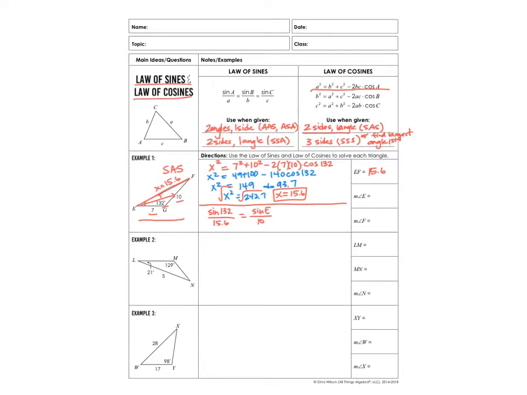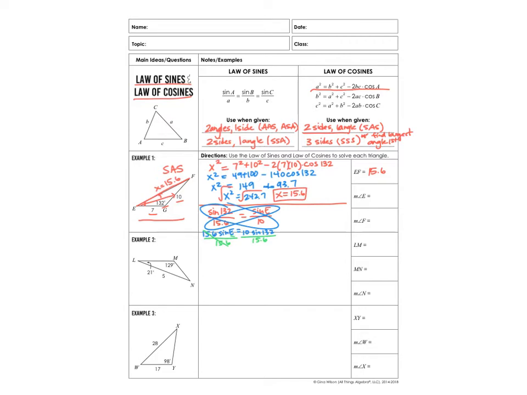So, cross multiply. You get 15.6 times the sine of E equals, cross multiply the other way, 10 times the sine of 132. To get sine of E by itself, you're going to divide by 15.6. And now, remember when you're finding an angle, you're using the inverse sine.